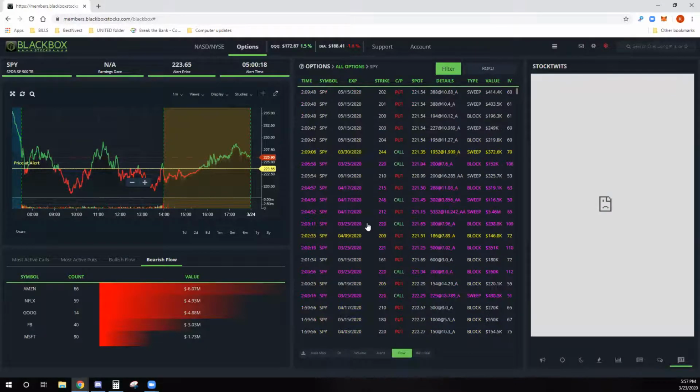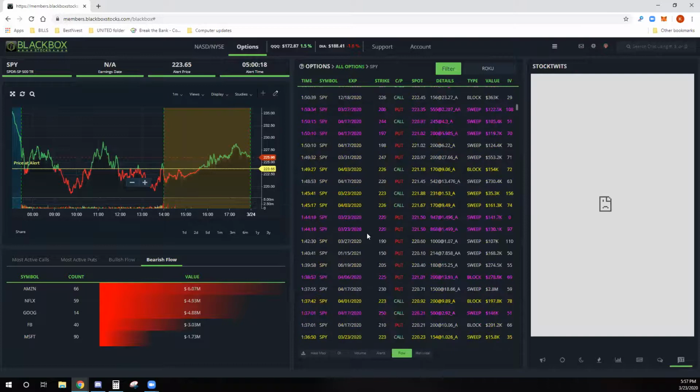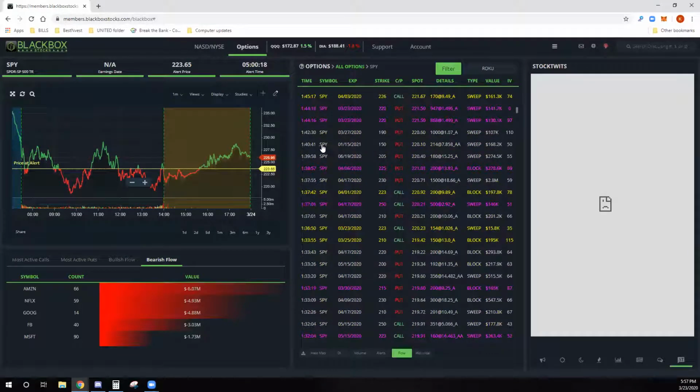When I see a contract that's 2021, that's really far out, you see this contract, January 15, 2020, 150 put, those are hedging contracts in my mind. That's what I think people are doing, they're just hedging. They're having far out contracts and they messed up on their calls and they lost their money. So now they're hedging with really far out contracts to try to hedge their positions to keep from losing all their money. So that's all.